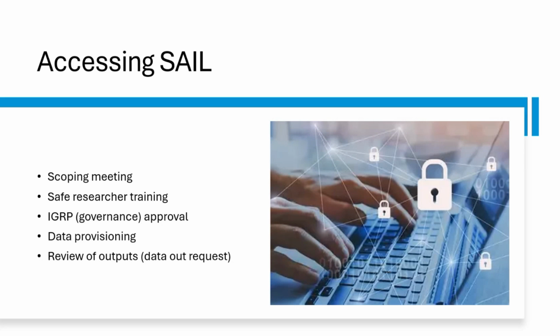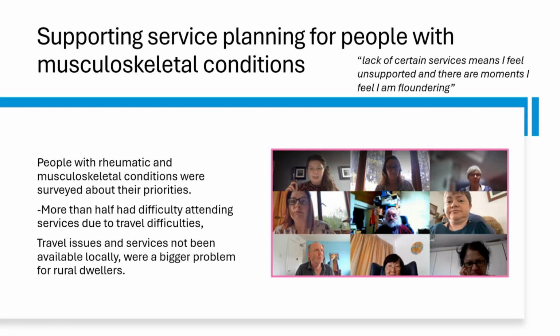You need to pass the exam. You need to have governance approval, and that takes about 3 months, and that's sort of the ethics approval for the question you're looking at. Then the data is provisioned, and after analysis, all the outputs need to be reviewed. So you need to do a data output request to make sure there's no small numbers and it meets the governance that you've got approval for. So that's how SAIL works.